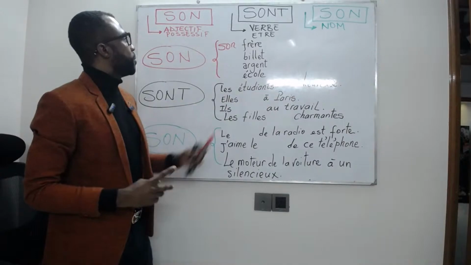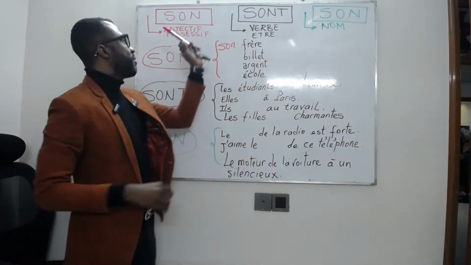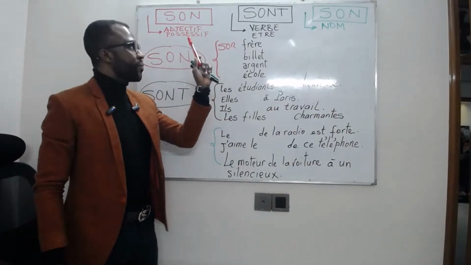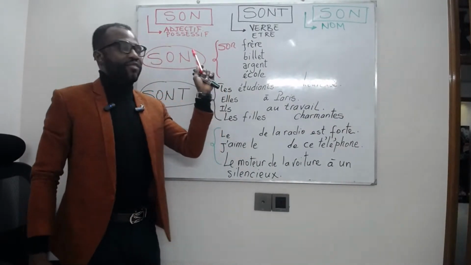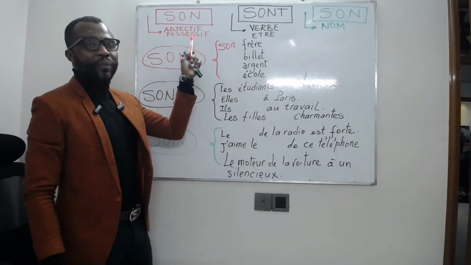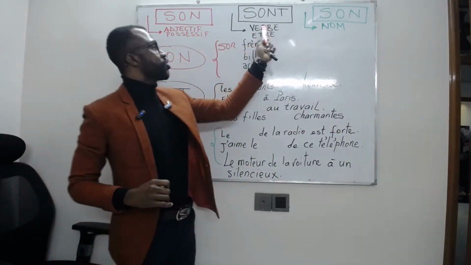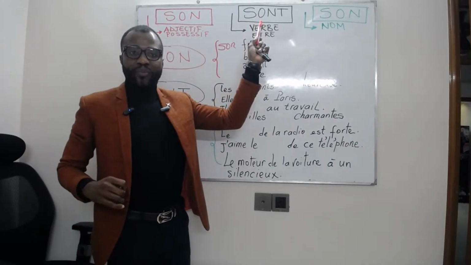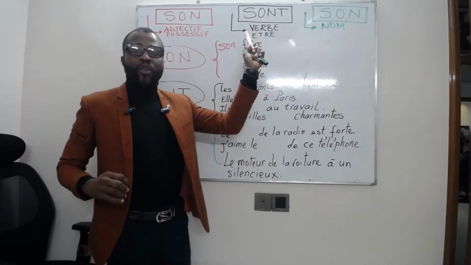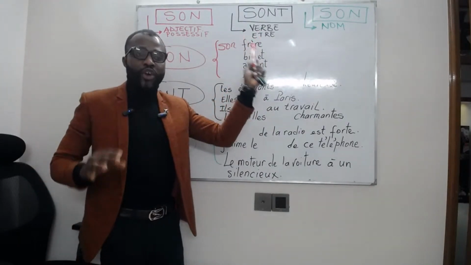All right, so as we have these three sons, we have this son, which is a possessive adjective. And we have this son, S-O-N-T, which is a verb, coming from the present tense of the verb to be in French.